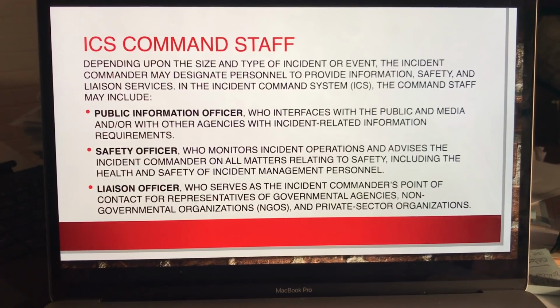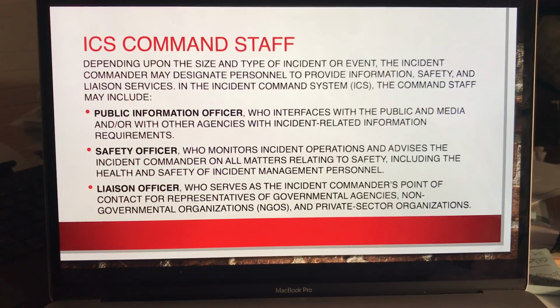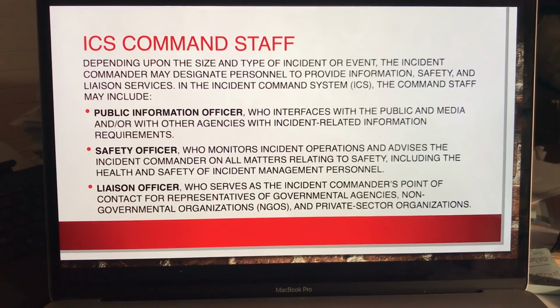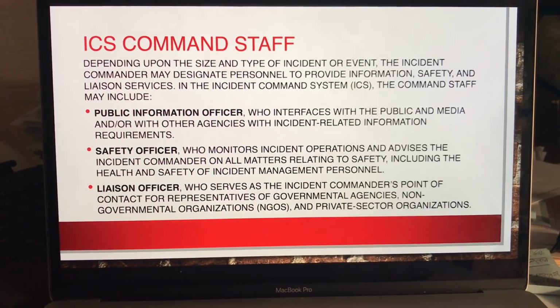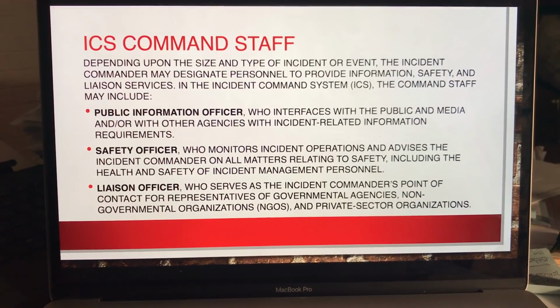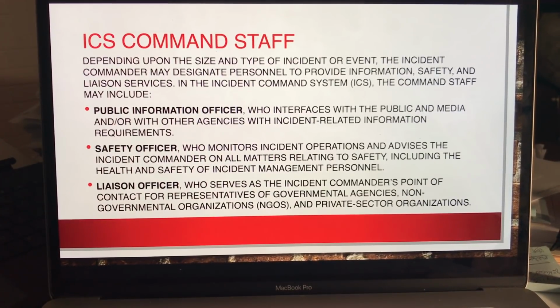A safety officer monitors incident operations and advises the incident commander on all matters relating to safety, including the health and safety of incident management personnel. The liaison officer serves as the incident commander's point of contact for representatives of governmental agencies, non-governmental organizations, and private sector organizations.